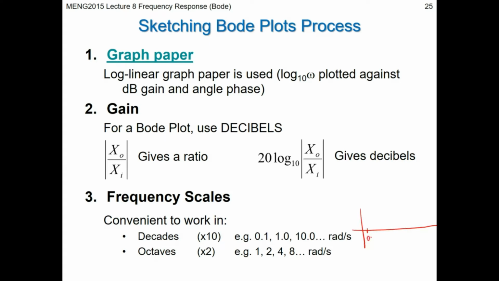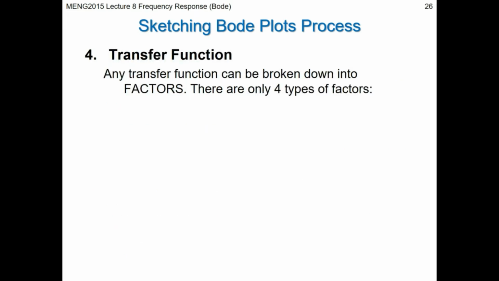So if we have this as our 0.1 and this is log omega along this axis, then we could distribute our values evenly: 1.0, 10, and 100. So this is if we're using the decades. If we were to use octaves, then it would go like this. So that's how we arrange our scale. Normally, like I said, we use the decades approach.